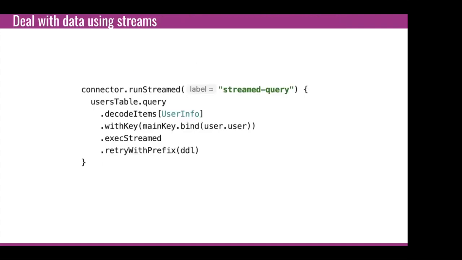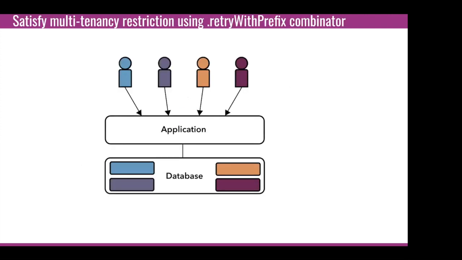A very interesting thing on that slide that you might notice is the retryWithPrefix combinator. It's actually a very distinguishable feature that nobody else has. It's made to satisfy multi-tenancy restrictions. Sometimes you need to store the data for several customers or apps within the same infrastructure, and you could use prefix tables to do that.